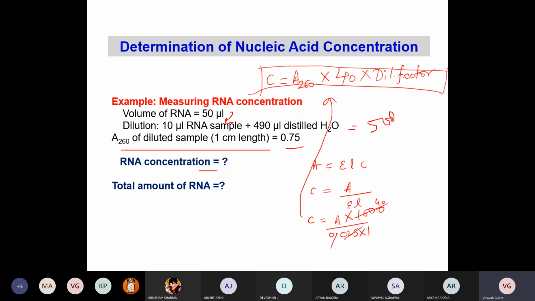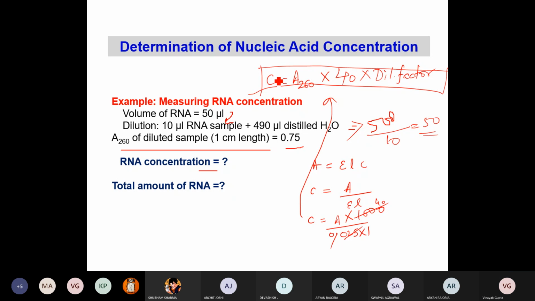How to calculate the dilution factor? Very simple. Here, you are taking 10 microliter of the RNA sample, mixing with 490 microliter of water. So what is the volume now? 500 microliter. So 500 divided by the sample which you have taken, which is 10, so it will be 50 here. That means you have diluted your sample 50 times and then you are measuring the absorbance.